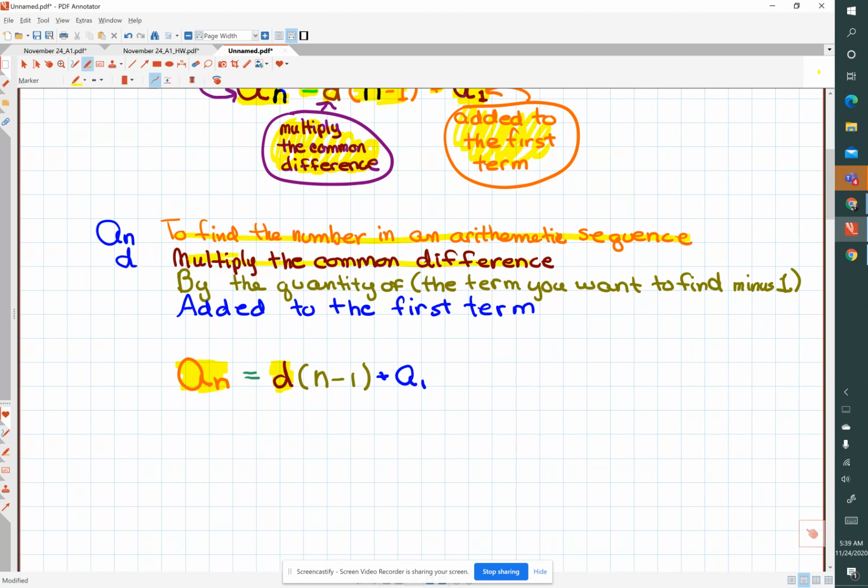Multiply the common difference by the quantity of the term you want to find minus 1, and add it to the first term, plus a sub 1. Okay, so let's write it all out.